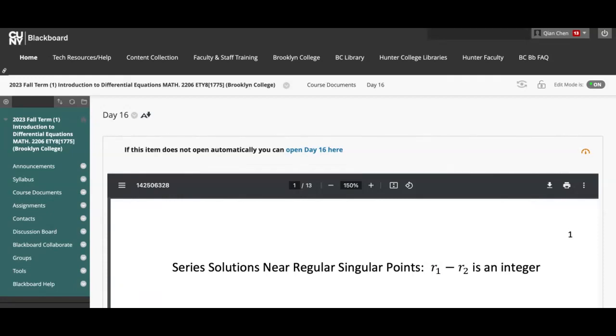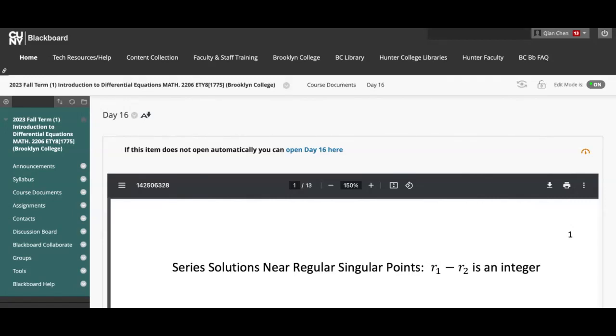Maybe I just missed somebody presenting question 2 of 15. There, the small p of x on the top has x to the power 2, but if you plug in x equal to 0, small p of x is equal to 0. Is that a regular singular point or an irregular singular point?